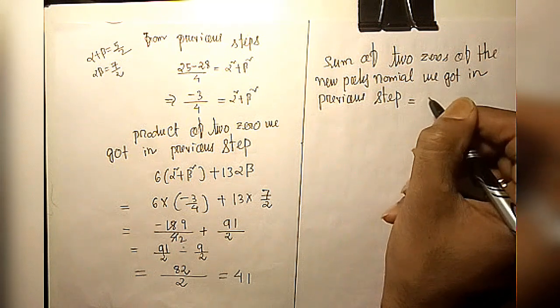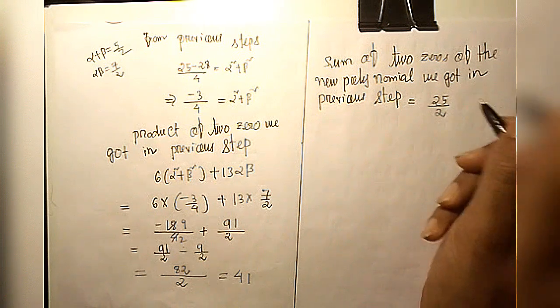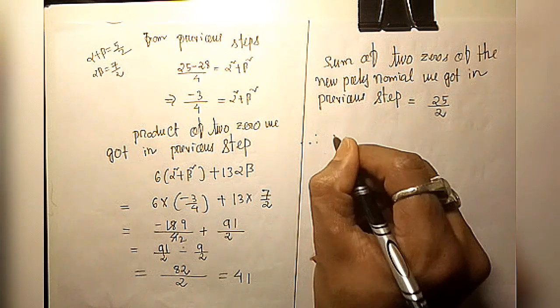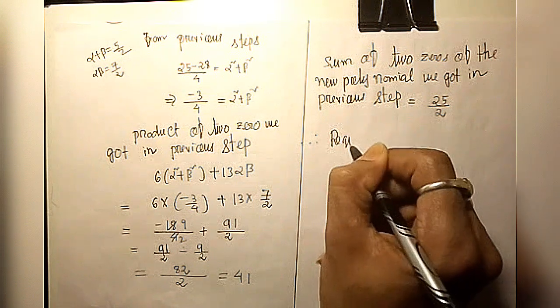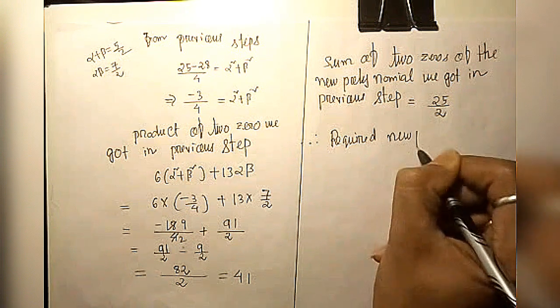What was the sum? 25 by 2. And the product of the two roots, how much did we get? 41.